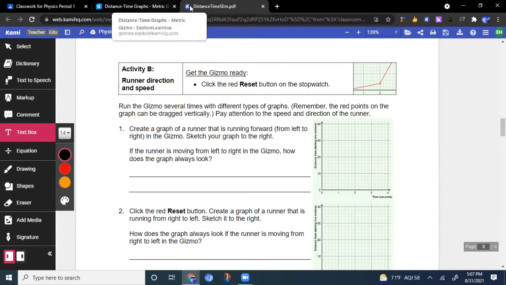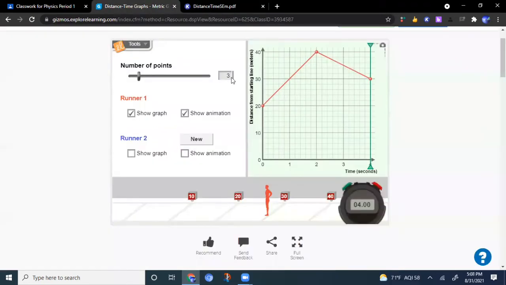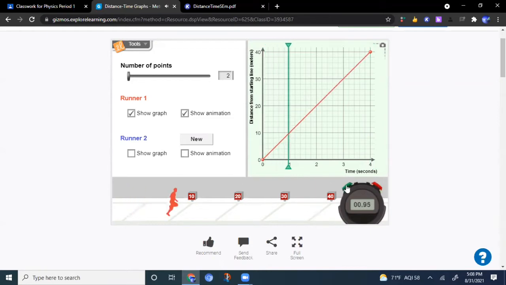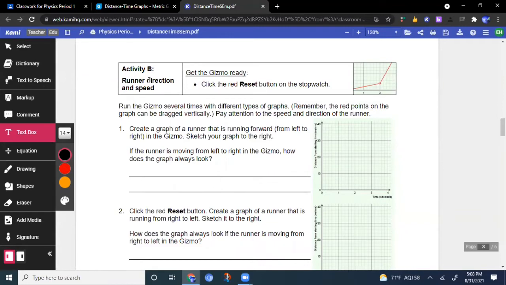Well, that's pretty easy. We could use the one where we start at 0 and end at 40. That clearly is a runner going from left to right. If the runner is moving left to right, how will the graph always look?